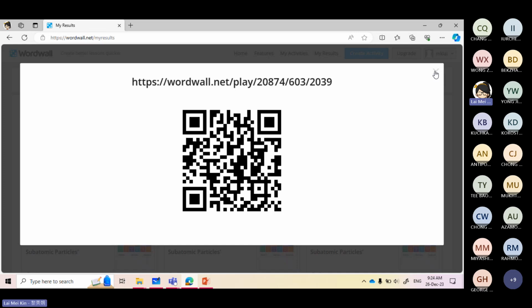No. Oh, still. Anyone else still need this QR code?